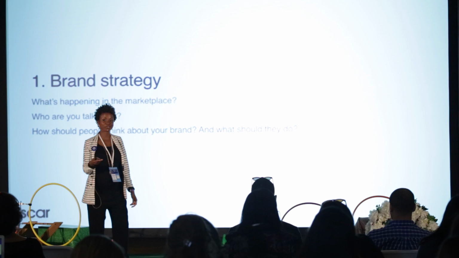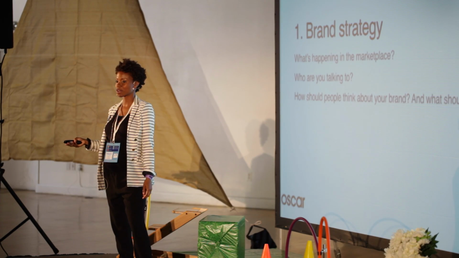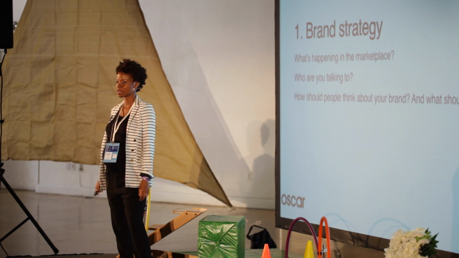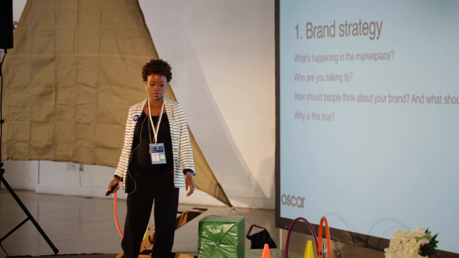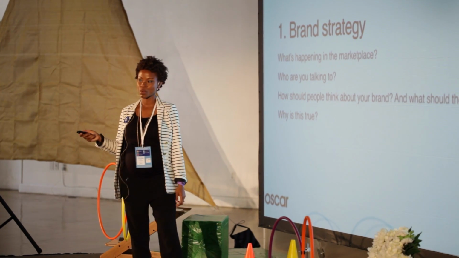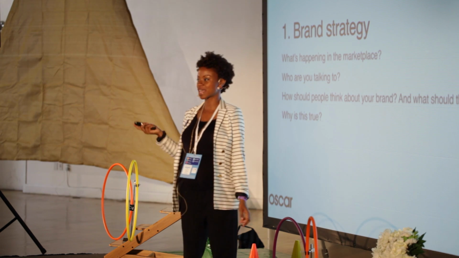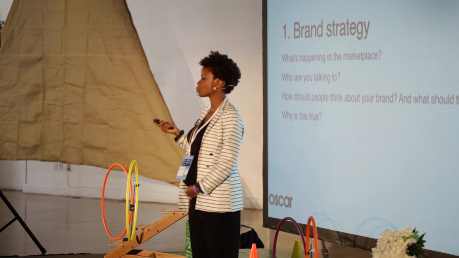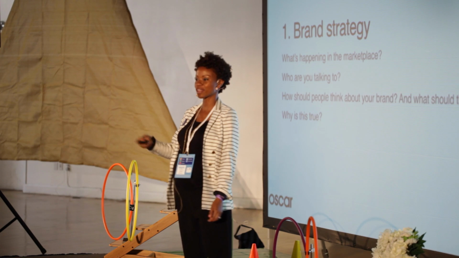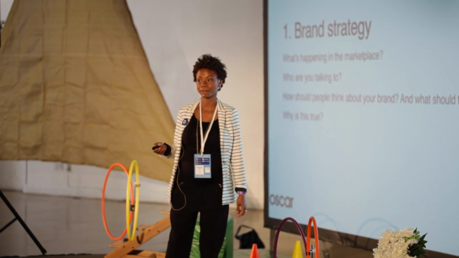And then what do you want them to feel as a result of telling them that story? And then finally, giving your support points. Why is this story true? Why is brand A really important? And those proof points become part of your advertising message over time.